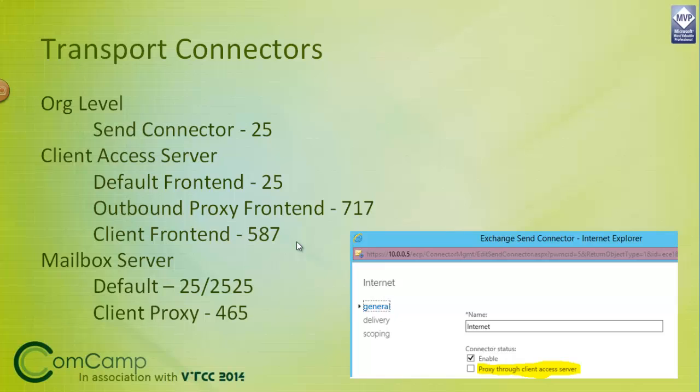Then we will see 2 receive connectors in the mailbox server. The default receive connector listens on port 25 to receive the email from CAS or external SMTP. This connector changes the port to 2525 if CAS and mailbox server are on the same server.